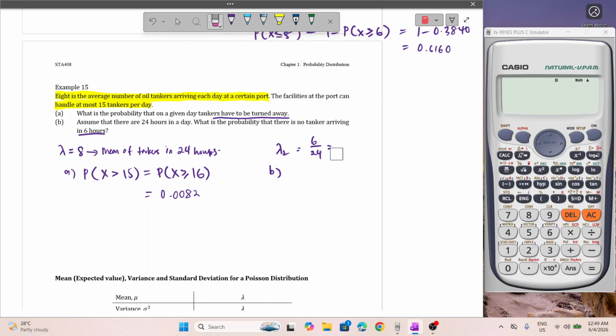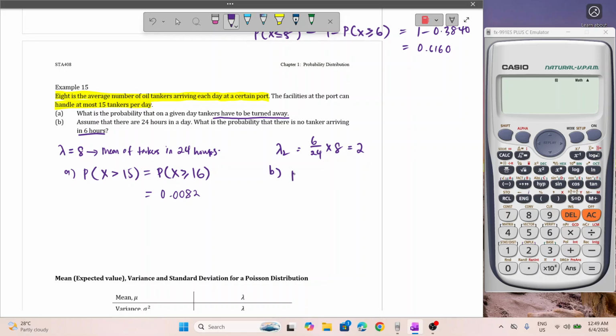So we rewrite this as 6 over 24 times 8. This is equal to 2, right? So this is the new mean that is equal to 2.